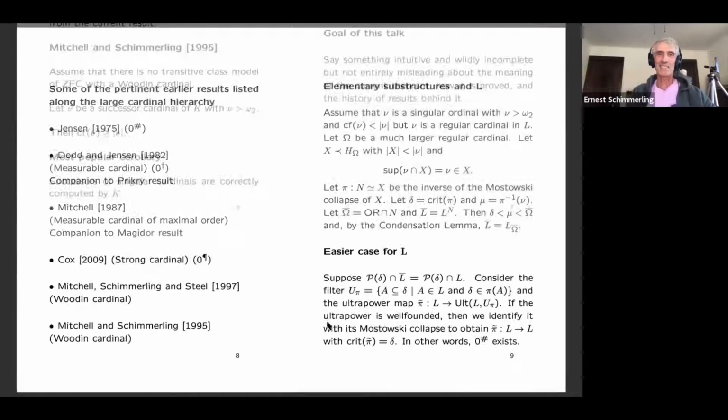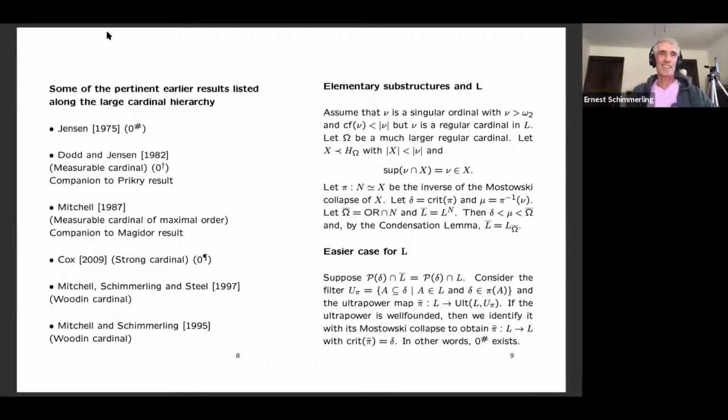All right. So here's a list of earlier results on which the current theorem builds. These are not chronological. They're in order of the large cardinal hierarchy.